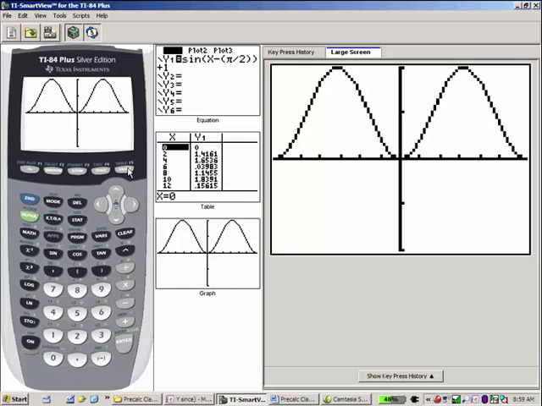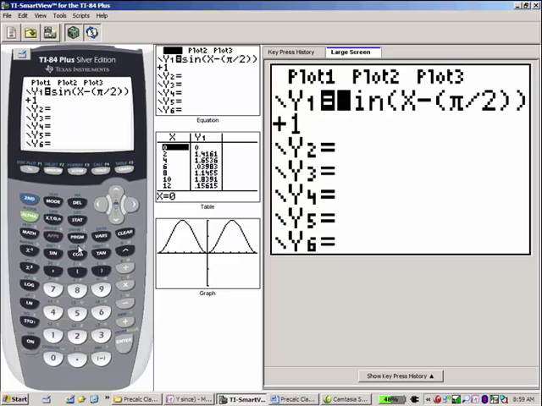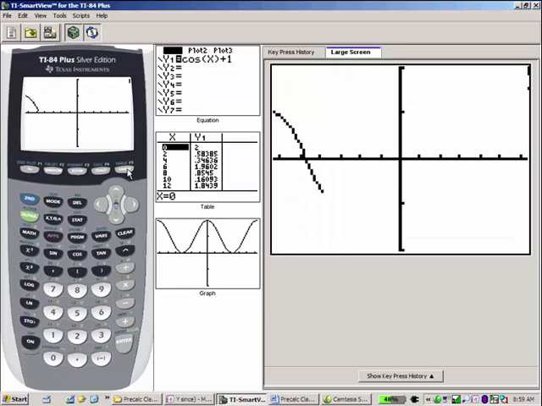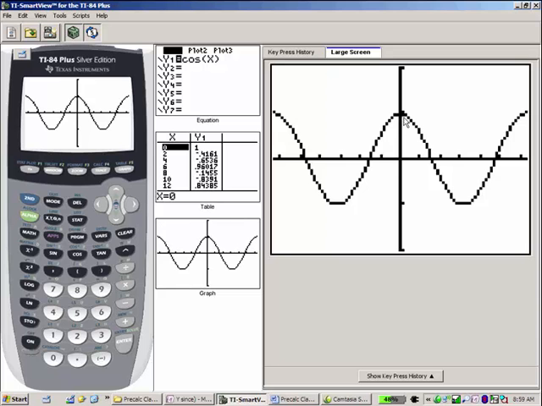And actually, this is a great time to introduce our friend cosine. The cosine function is very similar to the sine function, except instead of starting at 0 and going up, the cosine function starts at 1 and drops down.